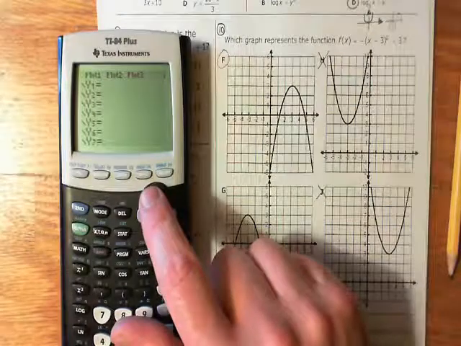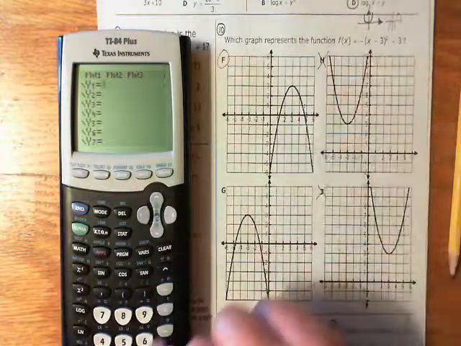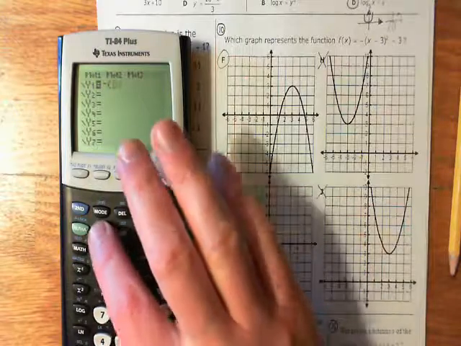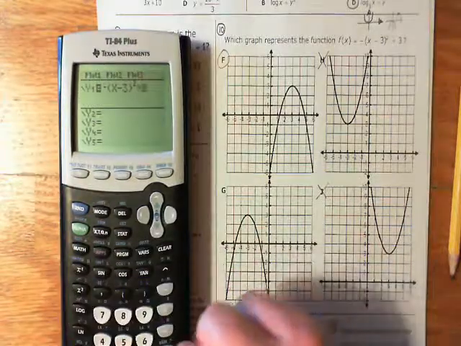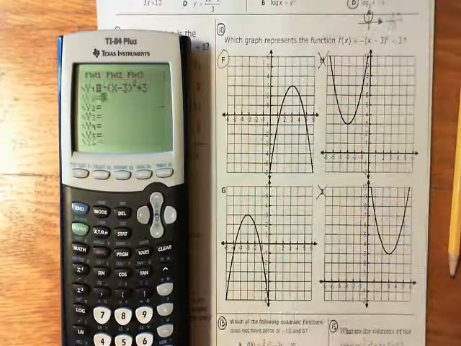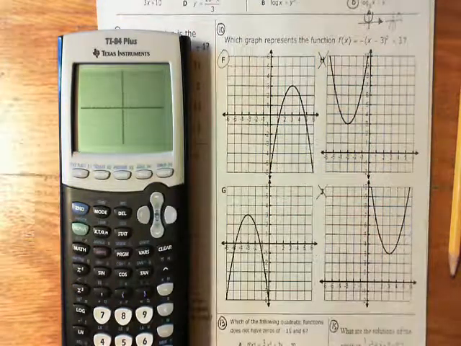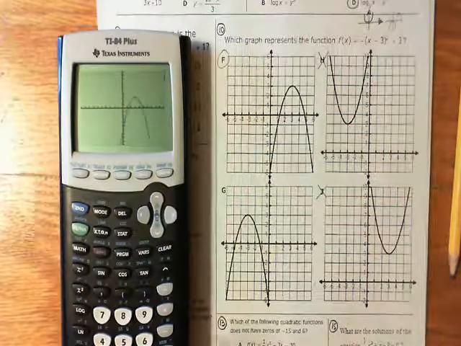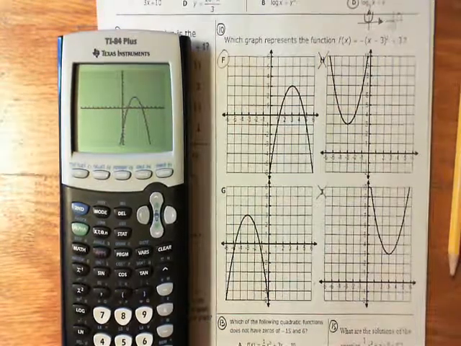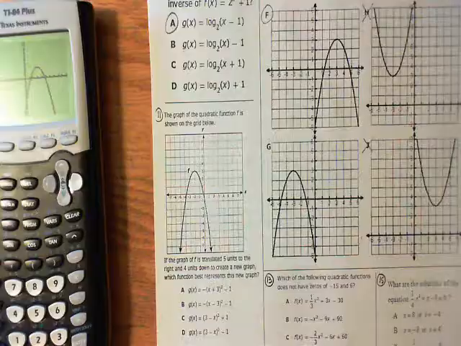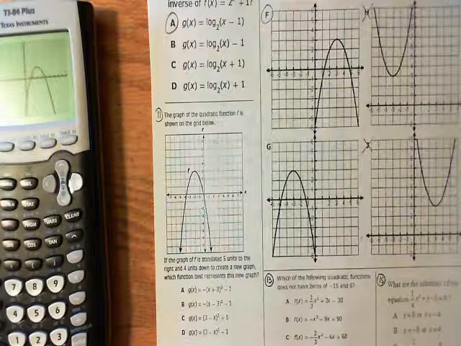Alright. Let's go there and enter what we see. X minus 3 squared plus 3. And guess what? Let's press graph. And if you look at that, what does it look like? Letter F.